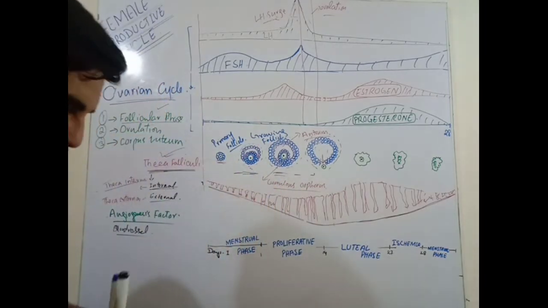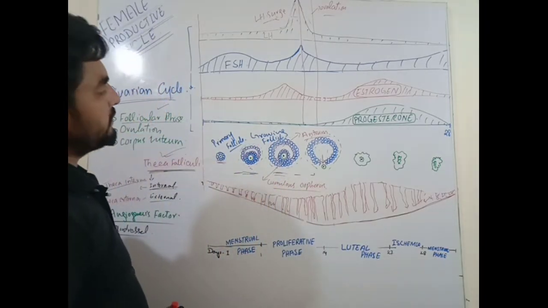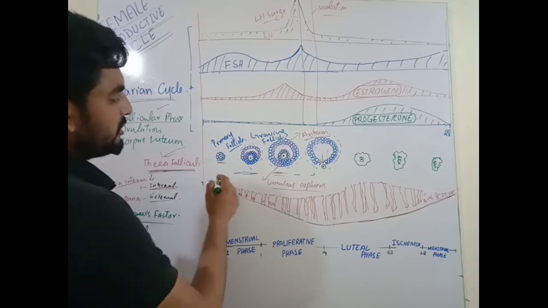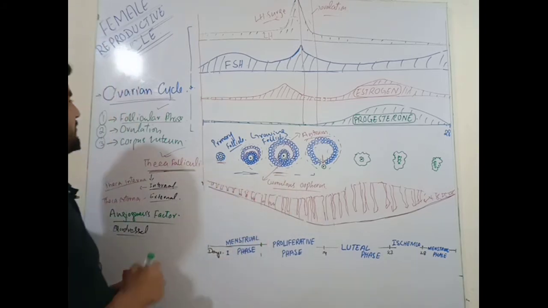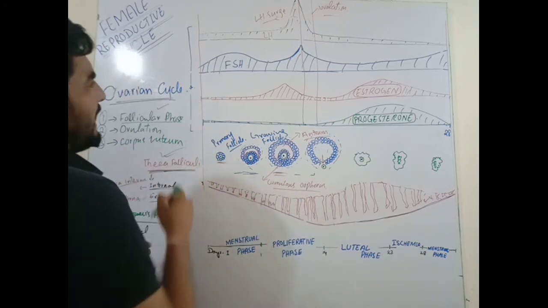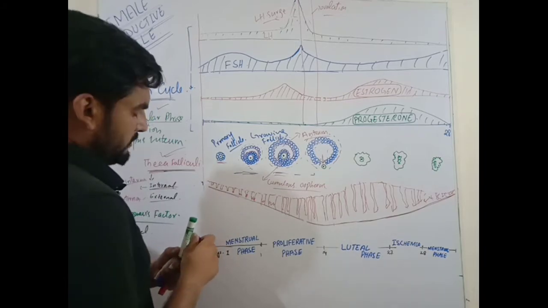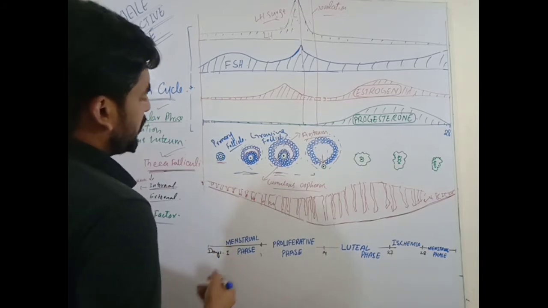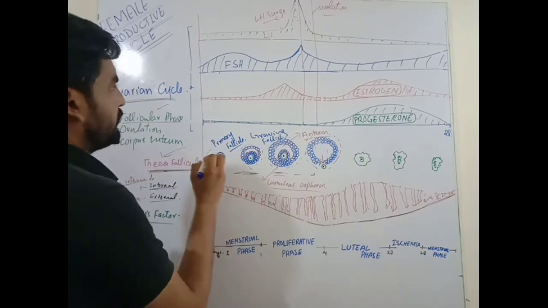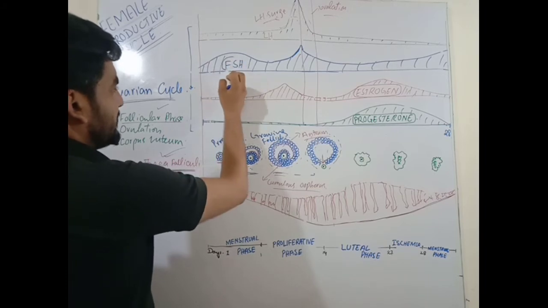Two hormones are involved basically in the follicular phase of the ovarian cycle. FSH is the main hormone that has its role in the development of follicles. This is FSH.